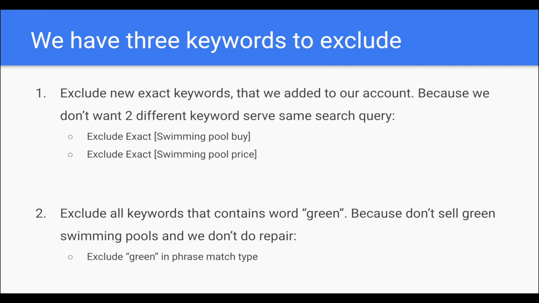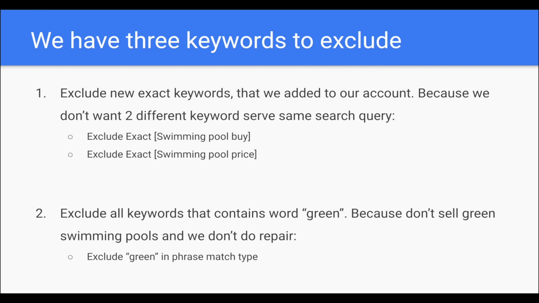And the second thing, we wanted to exclude green in a phrase match type. Why in a phrase match type? It's very important because you can also exclude it from a broad modified, but if you just add a broad keyword as a negative, you probably will exclude something extra. And you don't want to do that, you just want to exclude something that contains green. And the 100% chance of doing that is just to exclude green as a phrase match type.